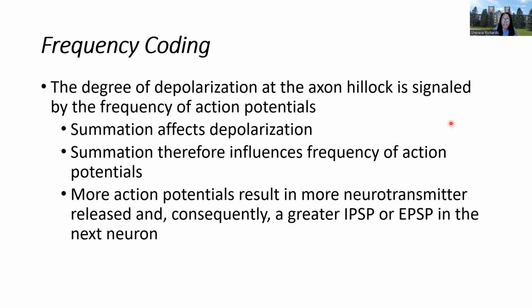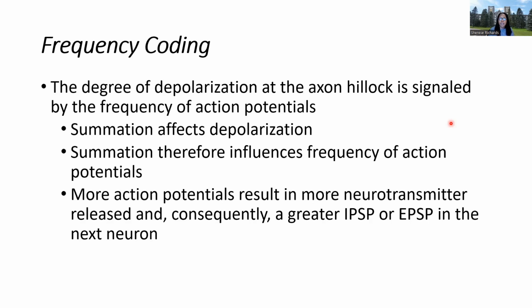And that will ultimately result in more or less neurotransmitter being released at the synaptic junction. And then that will translate into a greater IPSP or a greater EPSP on the postsynaptic neuron. So frequency coding is the way that we can send different strengths of signals as far as action potentials go.